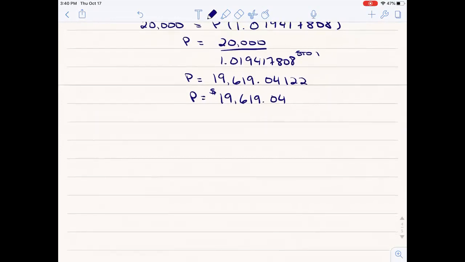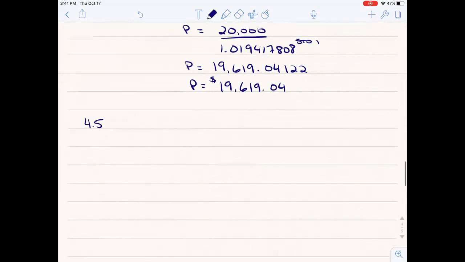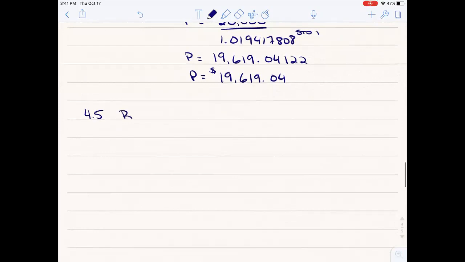So, section 4.5, as promised, we're just going to keep going. So we've looked at examples solving for the future value, solving for the present value. Now we just keep going and solve for the rate of interest and the time or the term of the investment.